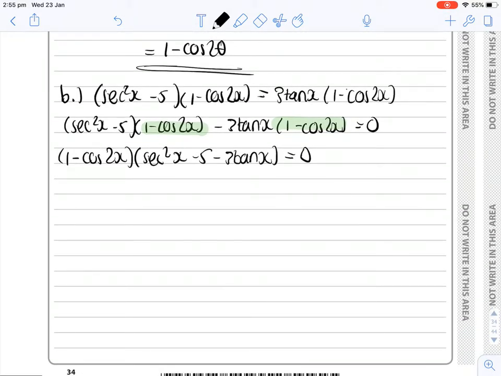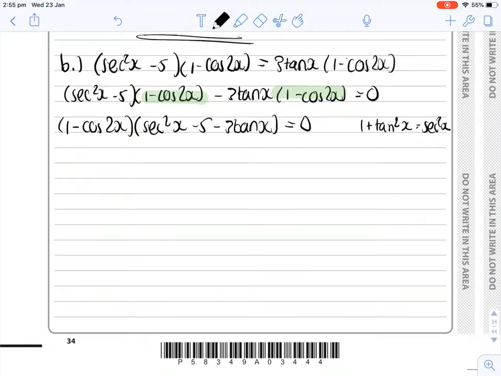Using the identity that 1 add tan squared x is equal to sec squared x, we've got (1 minus cos 2x), then (tan squared x add 1 minus 5 minus 3 tan x) equals 0.